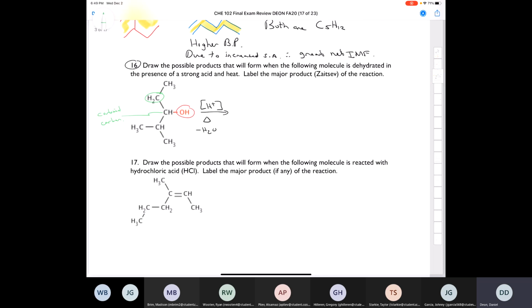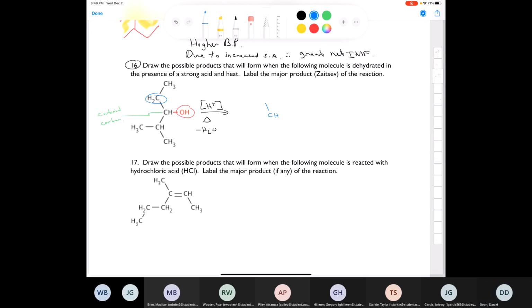So if I pull a proton from the carbon on top, why don't I use blue? If I pull a proton from there, what am I going to have? I'm going to have CH, CH, CH3. I'm going to have a double bond here. CH, methyl, and a methyl.